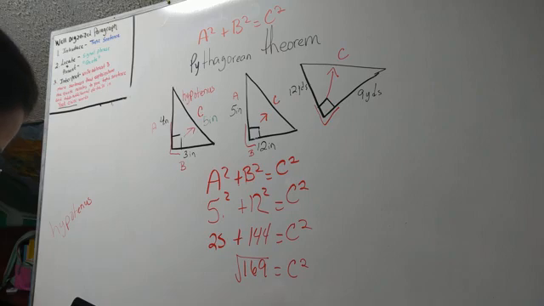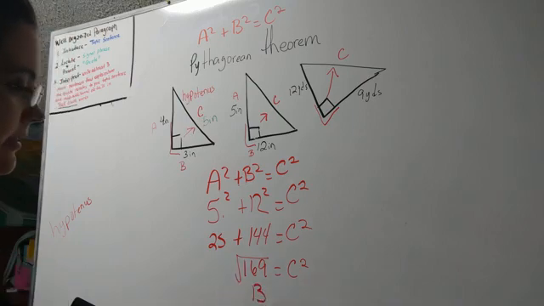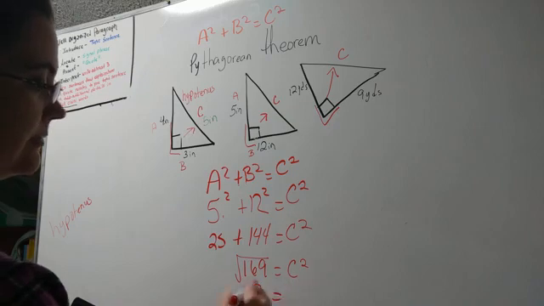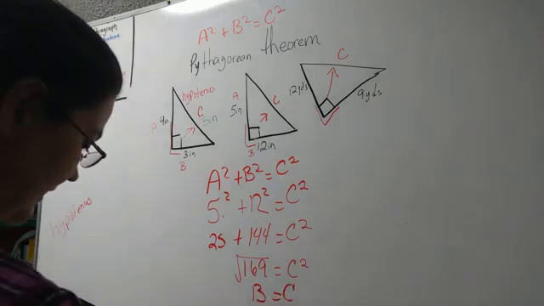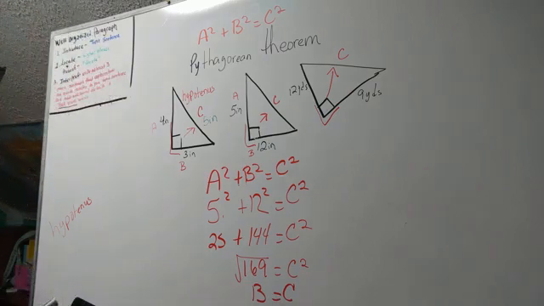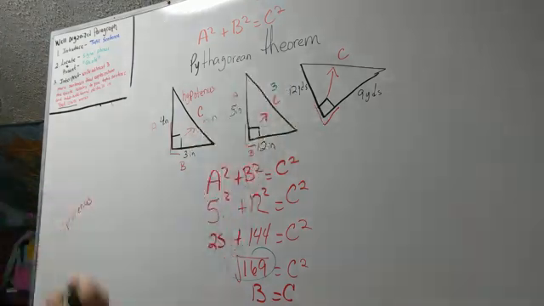So the square root of 169 is 13. Okay, so now I know that C is equal to 13. So one thing, just like I said, be sure that you don't forget that you need to take the square root of the number that you come up with. Okay, so now we know that C is 13.